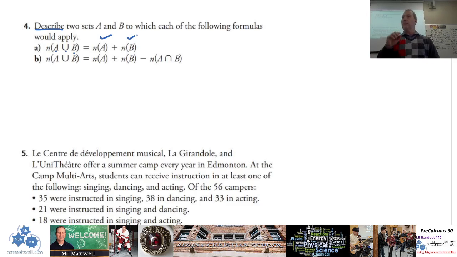So if we can just simply add straight A and straight B to get the union, that means they are what? What are those sets like? They're disjoint, right? Because there's no overlap. So these are disjoint sets. So you can write that for A. A and B are disjoint.